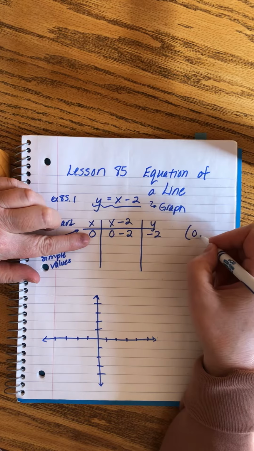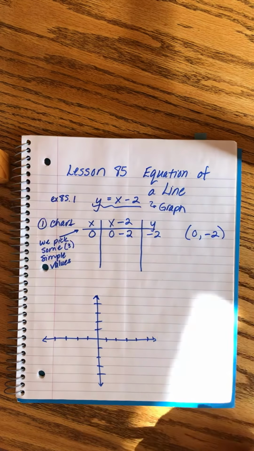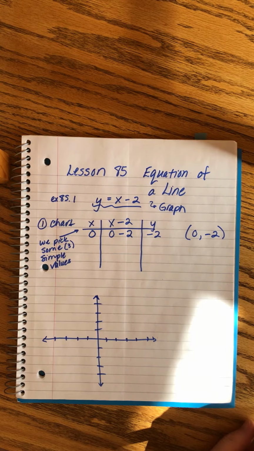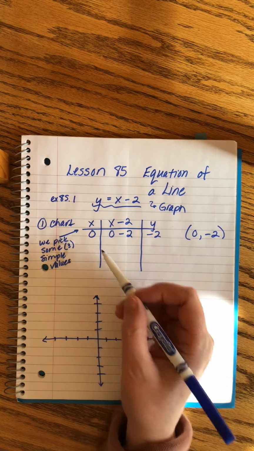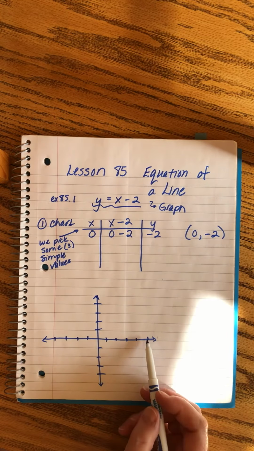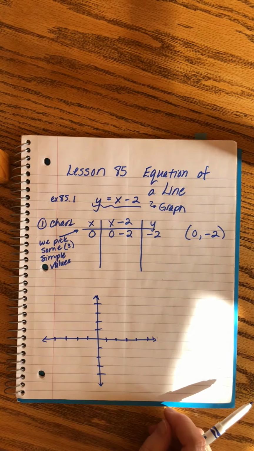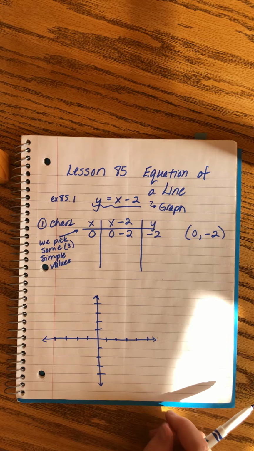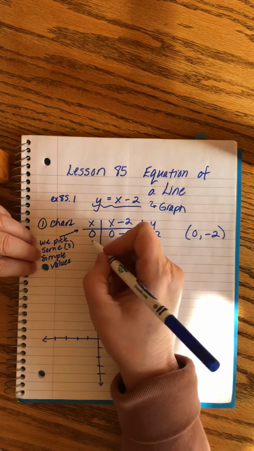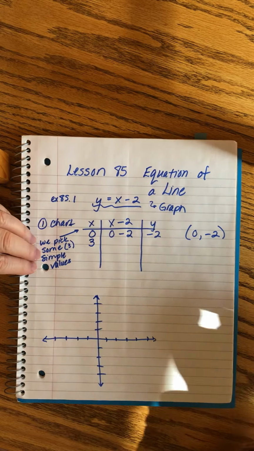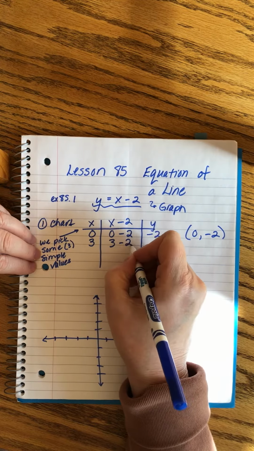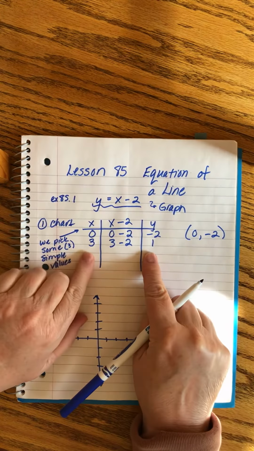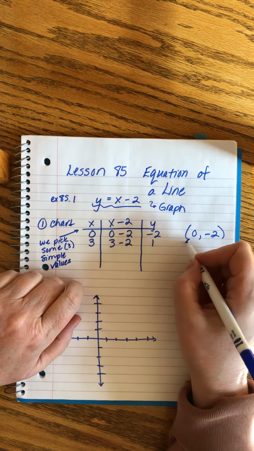Now, if you were sitting here, I'd ask you to pick another value for x. I'd say, keep it within +4 and -4. I'm going to pretend that you said to me, let's choose +3. 3 minus 2 means the y value associated with 3 is 1. So there's our second pair of points.